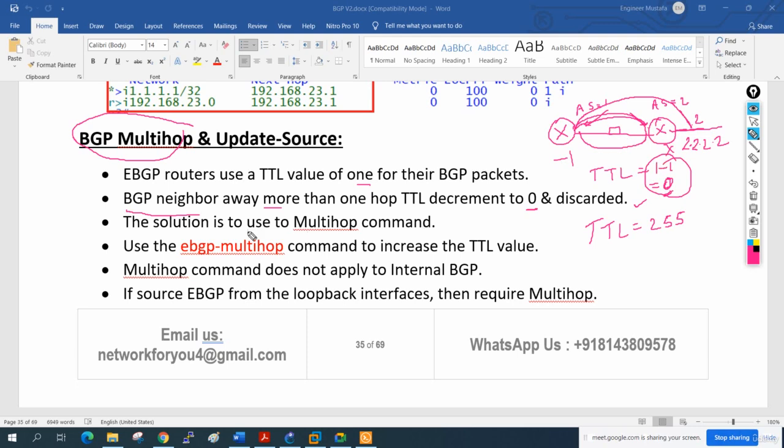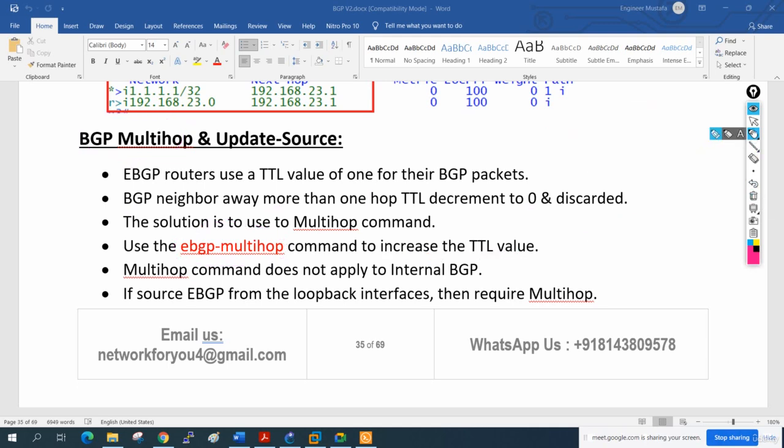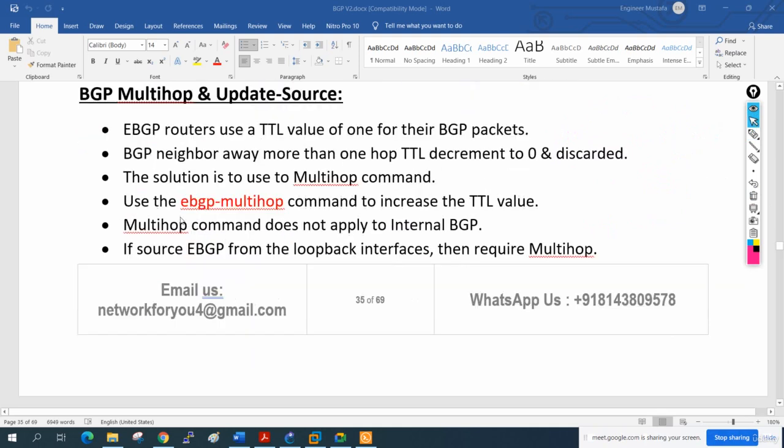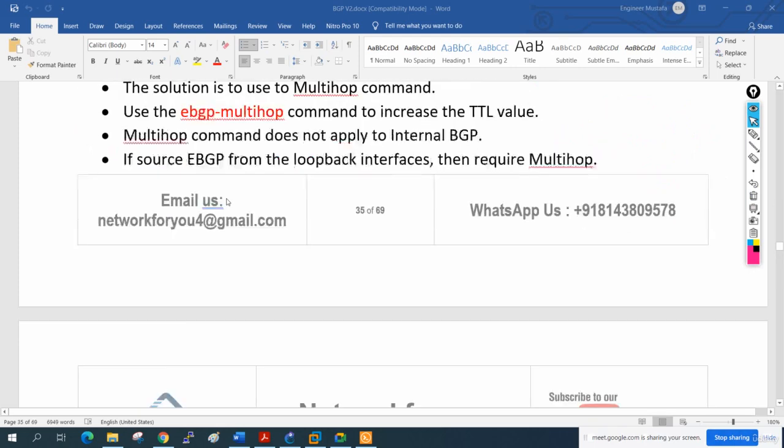To overcome this type of issue, we need to type the eBGP Multihop command. With this we can increase the TTL value, so our packet will not drop, it will cross. We are going to do the lab so you will have more idea. And this command we do not run in internal BGP. We run this command whenever we are configuring eBGP, not iBGP.